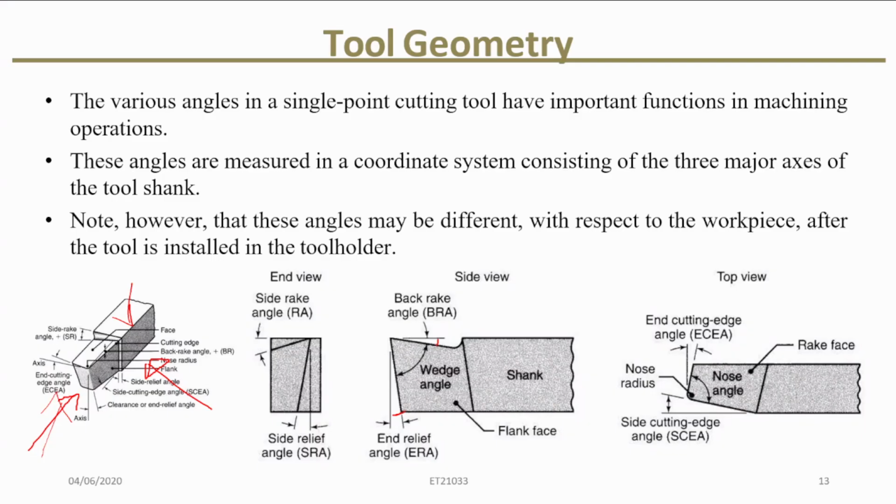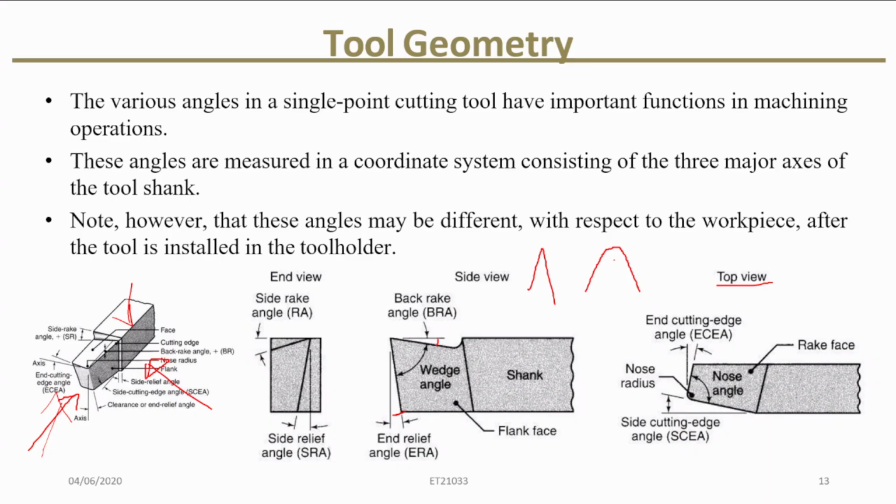Okay, then the top view. So you can see this is the cutting edge. It's not a point. It has a very small radius like this. So this radius we know as the nose radius.